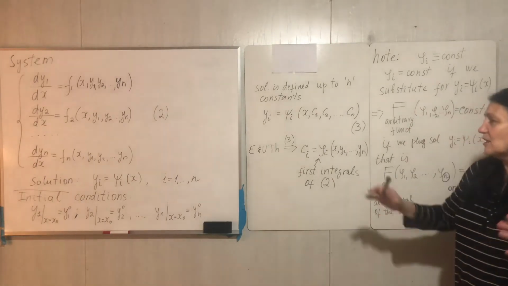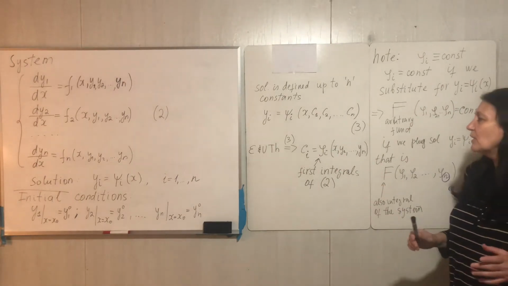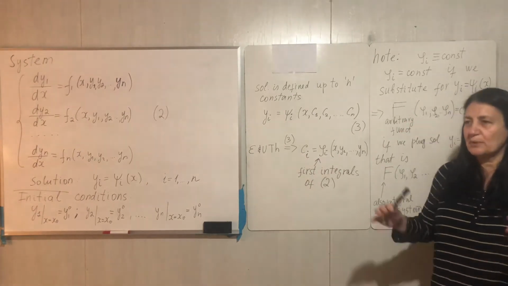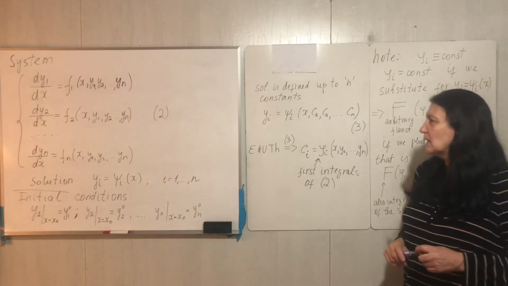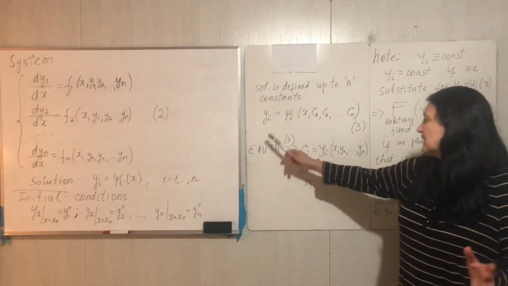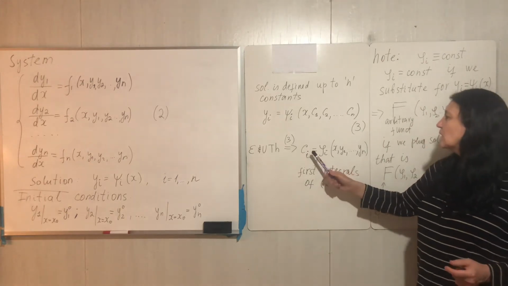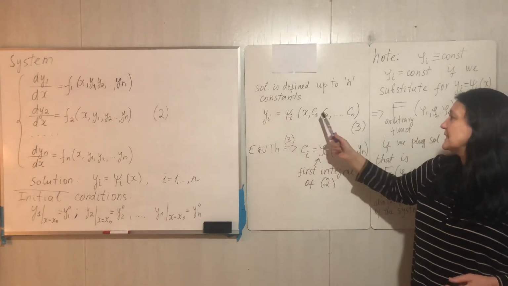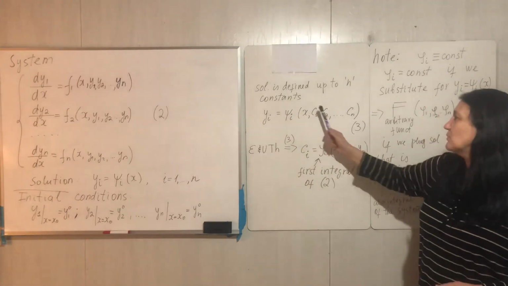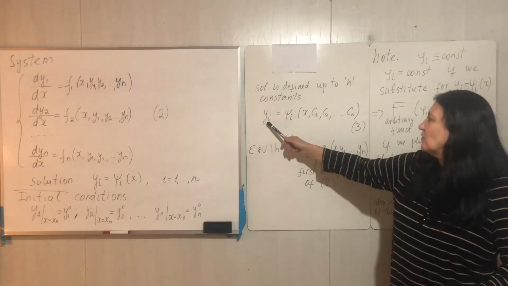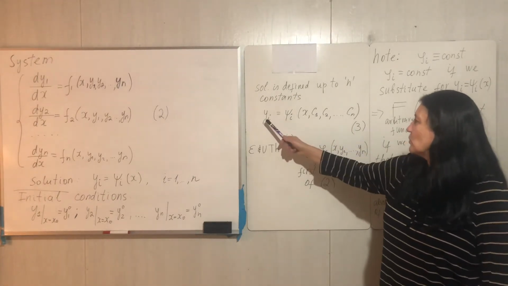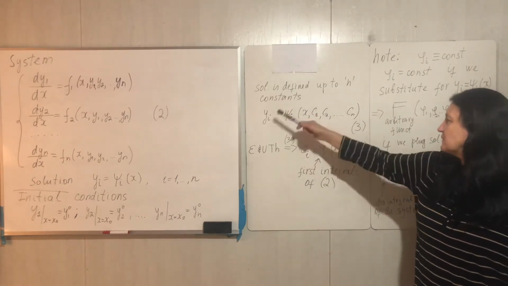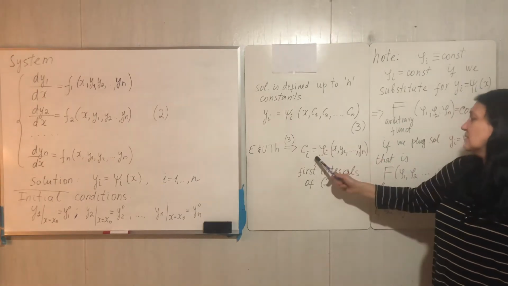And then, if we assume that the conditions of the existence and uniqueness theorem, which is similar to the theorem we just reviewed for one ODE, are satisfied, then we are able to solve these equations with respect to the C's. Now this system is written as resolved in terms of y, so y is a function of something, and then we can solve it for the C's.